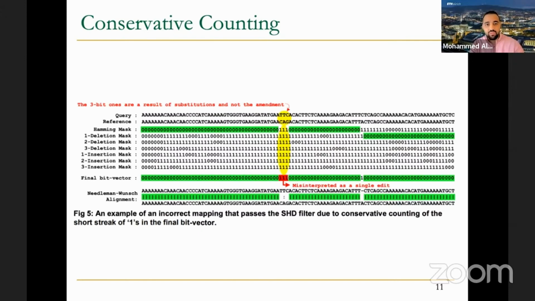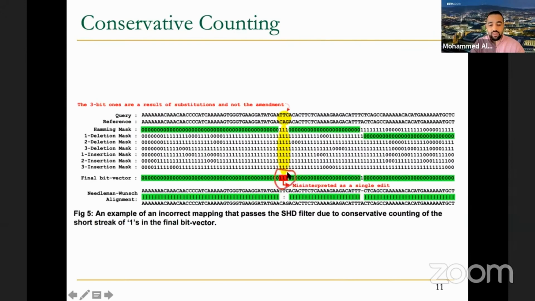So conservatively, we assume that any 3 ones or 4 ones are always coming from the process we did, changing the zeros into ones. So these 3 ones, for example, will be interpreted as only 2 ones.